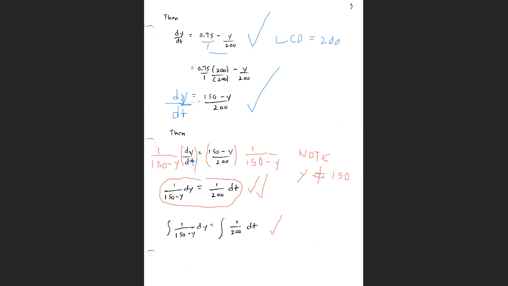All right, so on the right side, that's no problem to integrate. What technique are we going to use to integrate the left side? So let's see, you've had substitution, integration by parts, so use substitution. That's what we're going to do. So let's go to the next page.